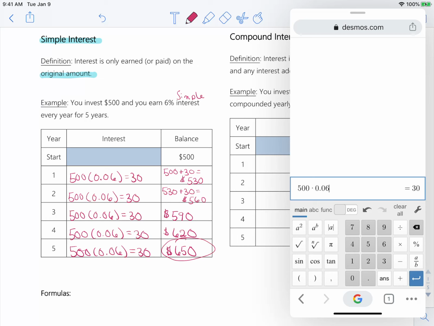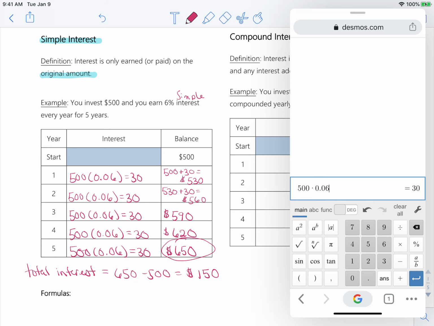So that means the total interest we've earned in 5 years, well, let's see, if we started with 500 but we ended with 650, it looks like just putting my money into this account has earned me $150. That's pretty nice. I didn't do anything. It just sat there.